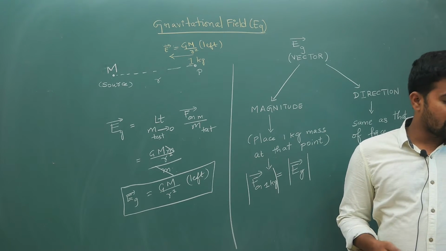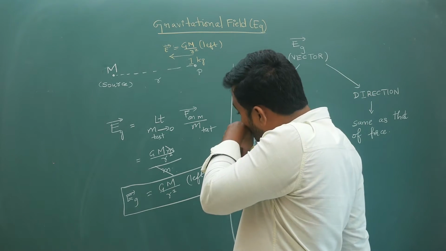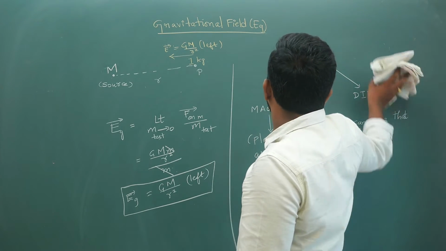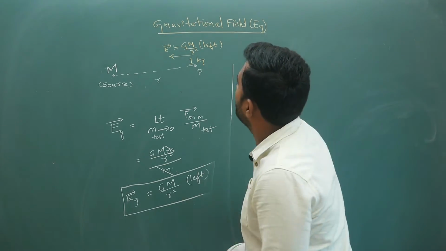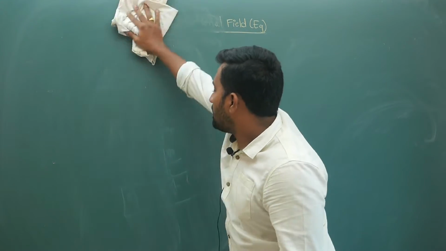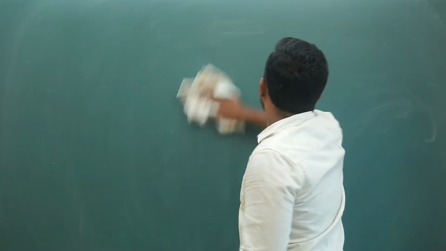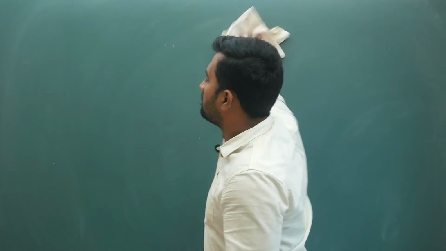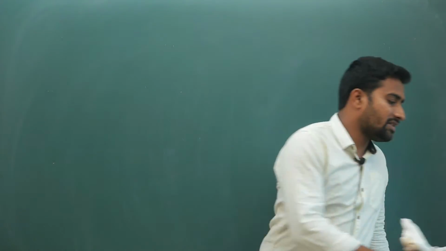Now let's continue further. I'll erase this part. Because of a point mass it is GM by r square. So if you have a combination of masses, what will happen, or what is the definition of field?